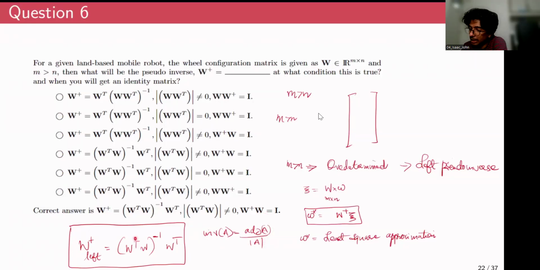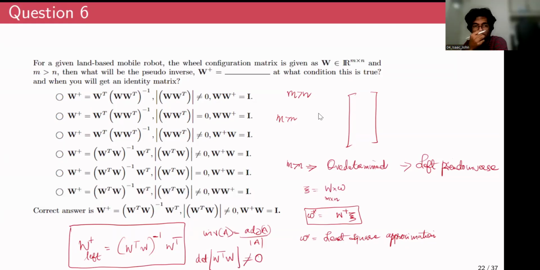So a similar analogy can be brought here. In order for this inverse to exist, the determinant of W transpose W should not be 0. Right?